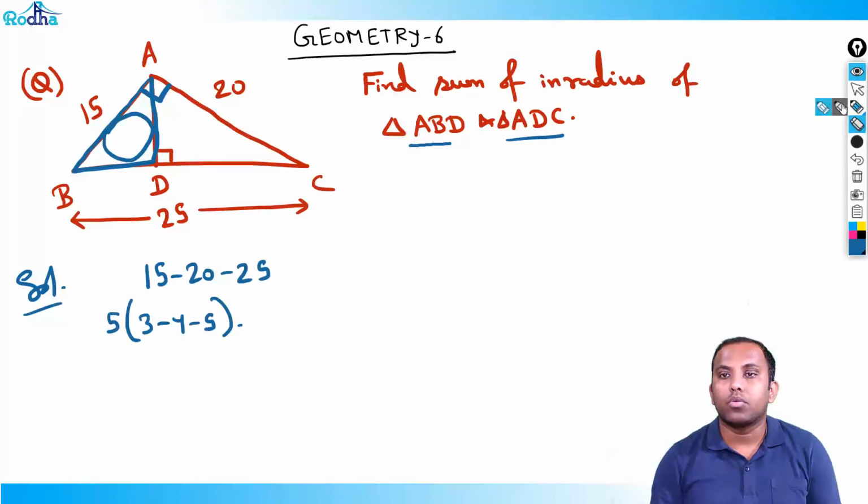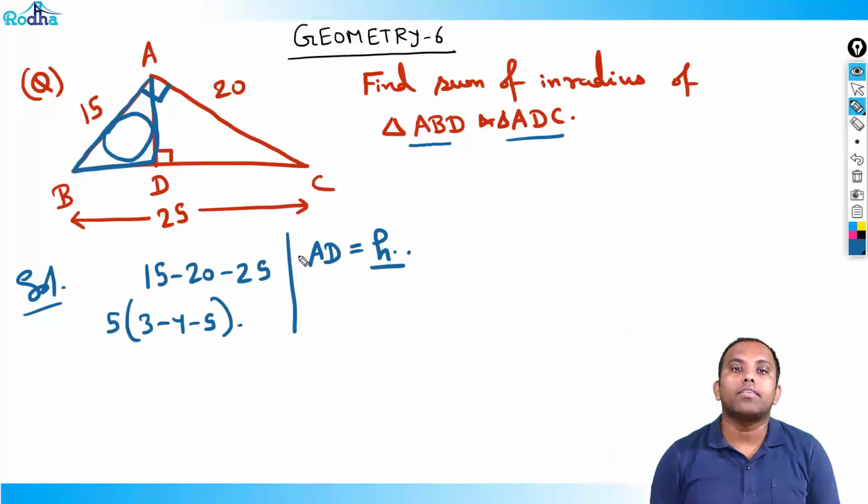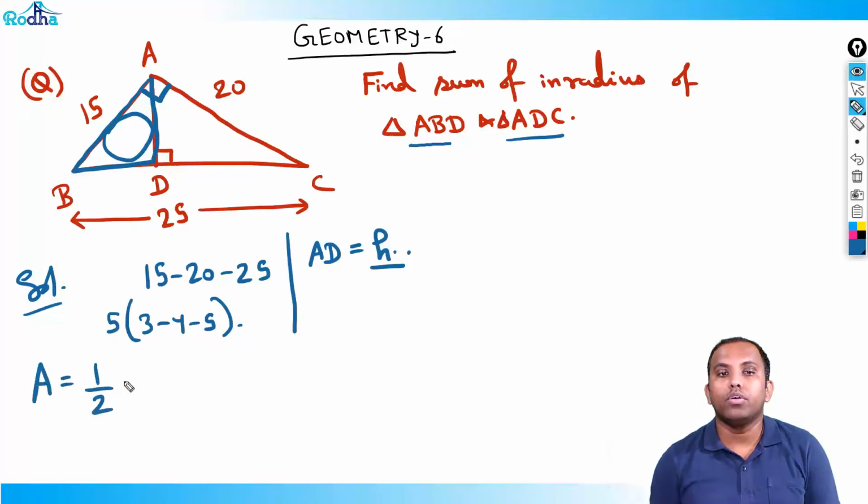So what is AD here? AD is the height of the triangle, and height can be easily calculated by a very good concept. Since it's a right angle triangle, the area is half into 15 into 20, which is 150.